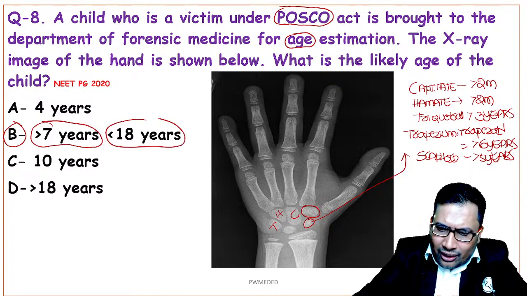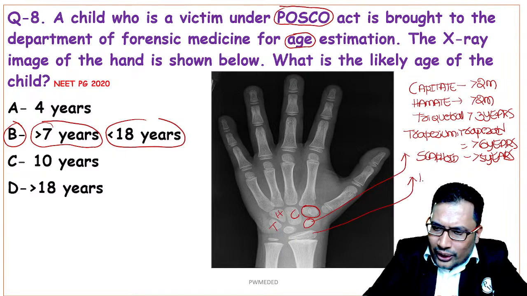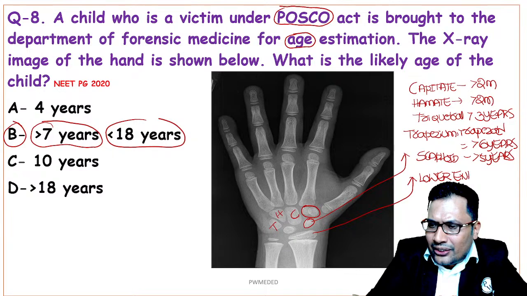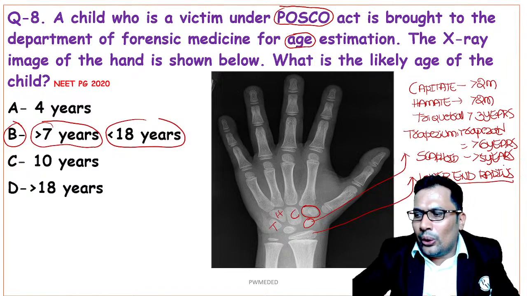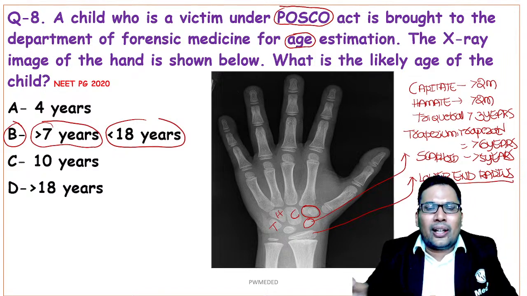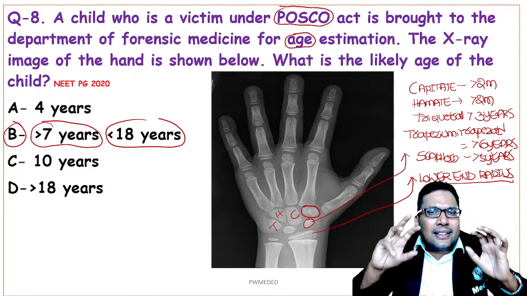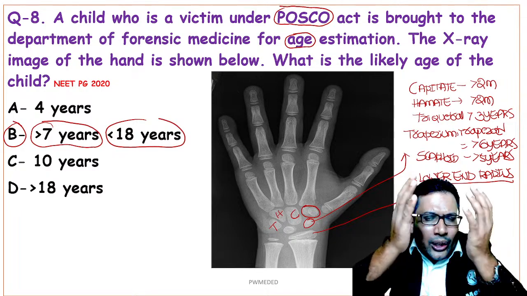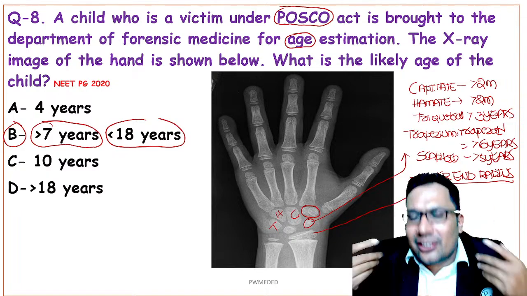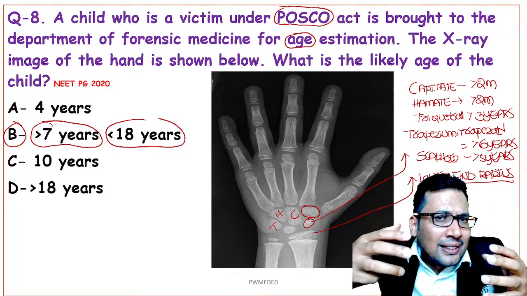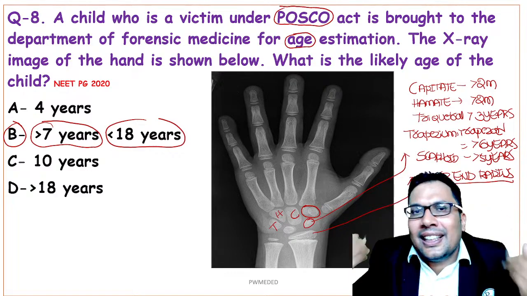So you can see the lower end of radius also. Anyone, when does the lower end of radius appear? Anyone can you guess? Lower end of radius appears at 2 years, but fuses at 18 years. Lower end of ulna appears at 4 years, fuses at 18 years.